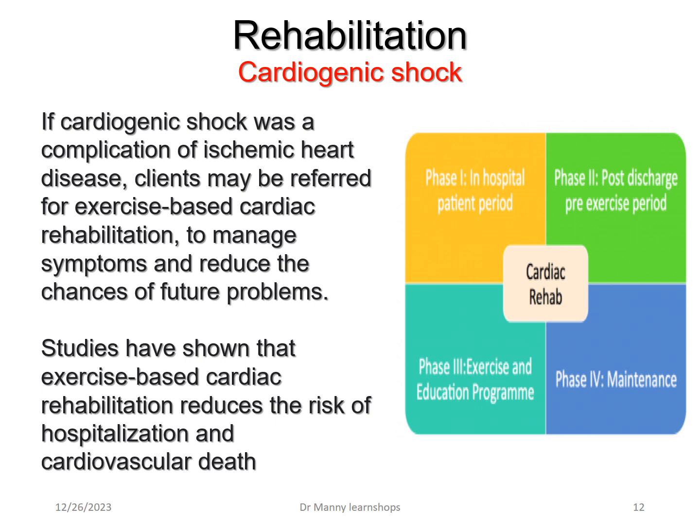Well, rehabilitation is a possibility if the heart recovers, and typically you may go into an exercise-based cardiac rehabilitation program, and certainly things like diet control, medication compliance would certainly be a factor in the rehabilitation process.